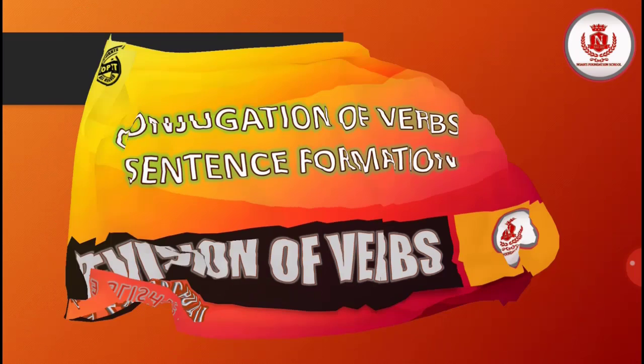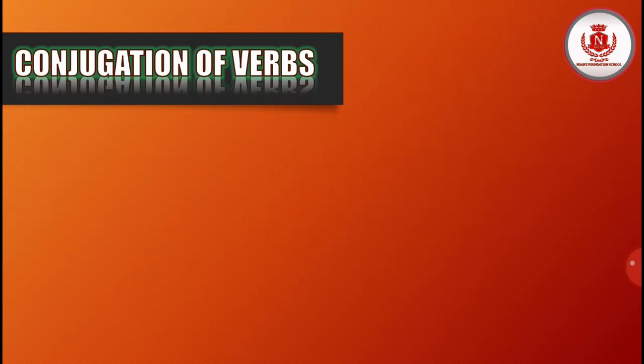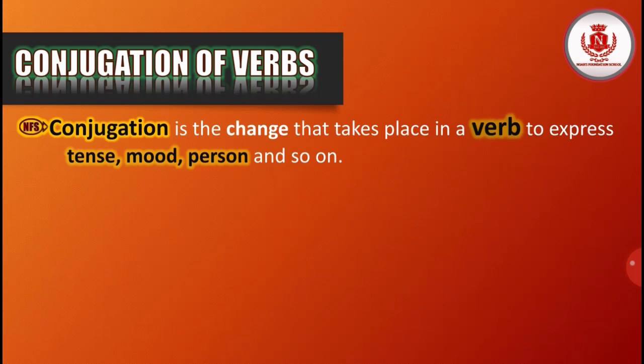But before that, let's see the meaning of conjugation of verbs again. I have explained this in the previous classes, but anyhow, let's see it again. Conjugation is a change that takes place in a verb to express tense, mood, person, and so on.